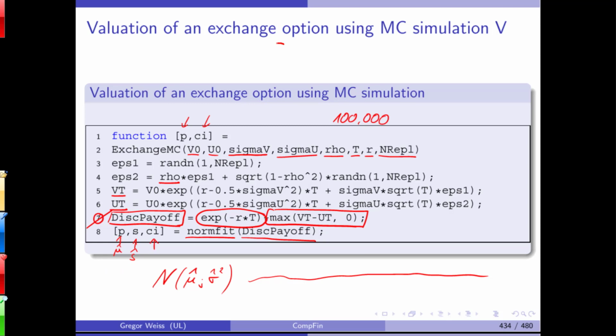It's a confidence interval for mu hat, for the estimated average. And I'm only using this here to see what, for example, a 95% confidence interval around our option price would look like. And ideally, we would, of course, see the confidence interval getting smaller and smaller.